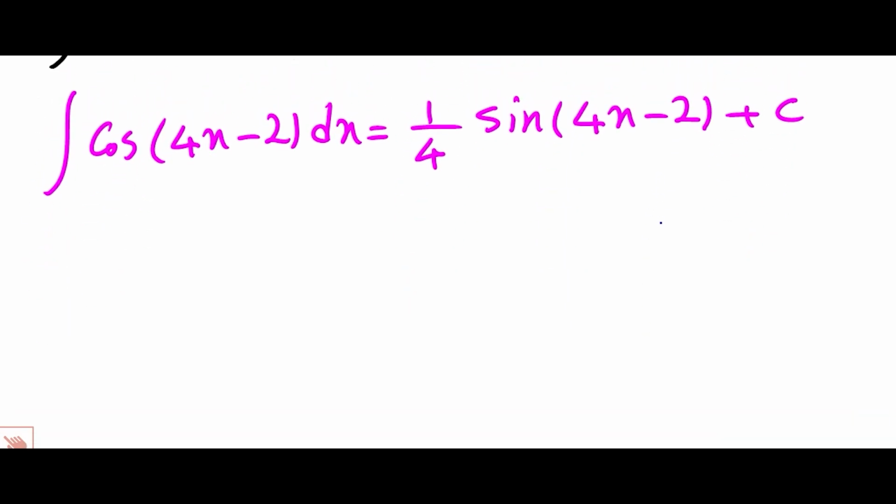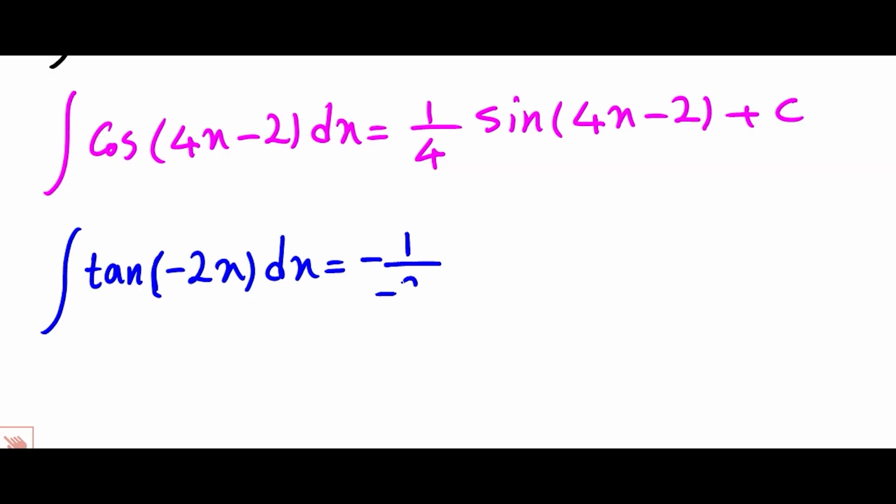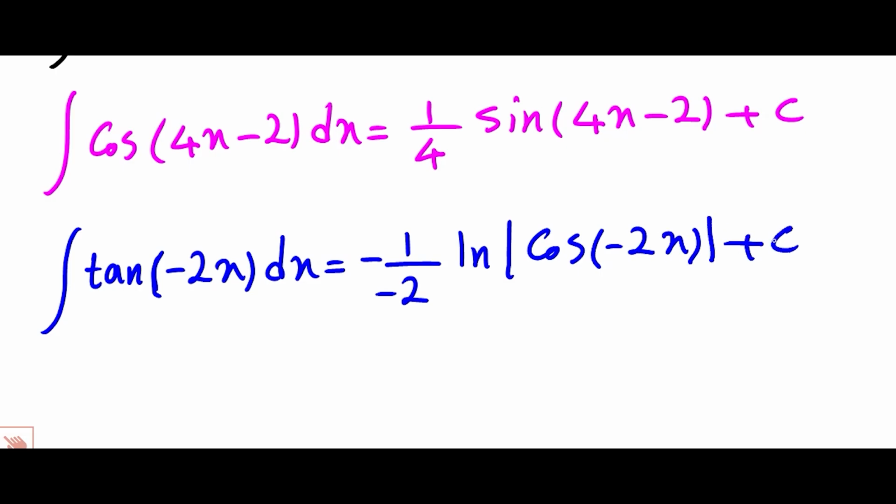Or, for example, the integral of tangent of negative 2x dx equals, the coefficient is negative 2. So we have negative 1 over negative 2 ln of the absolute value of cosine of negative 2x plus c.